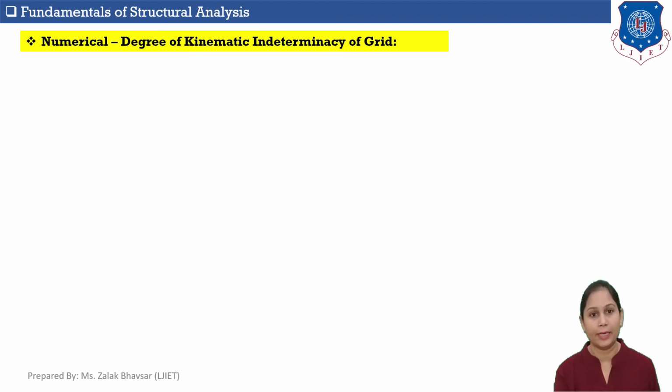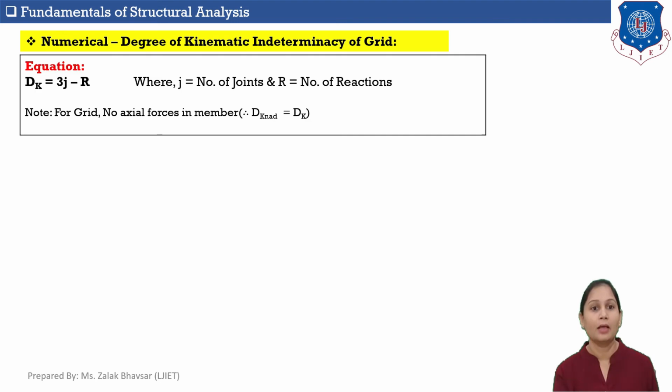Now let's calculate the degree of kinematic indeterminacy of a grid. And here is the equation to calculate dk of grids. So dk is equal to 3j minus R, where j is the number of joints and capital R is the number of reactions. And in case of grid structures, it is very important to remember that there are no axial forces in members.